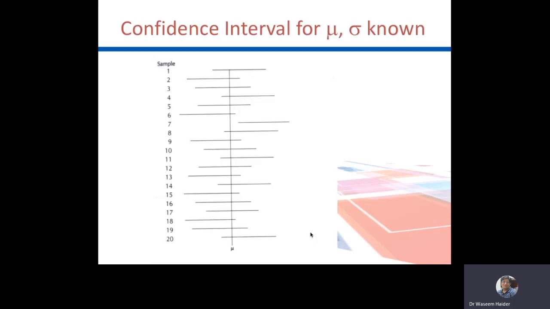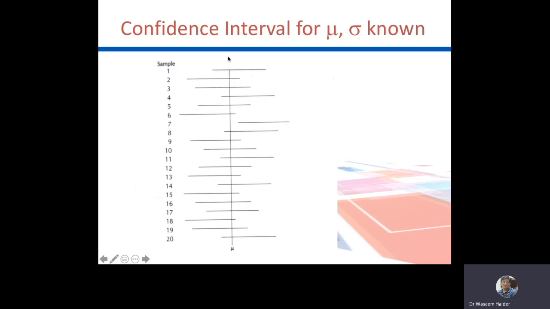Here is a diagram that shows you the success of getting the actual mean by this technique, using confidence intervals. Here we have, suppose, 20 confidence intervals, and we plotted them, and the line in the middle represents the population mean.